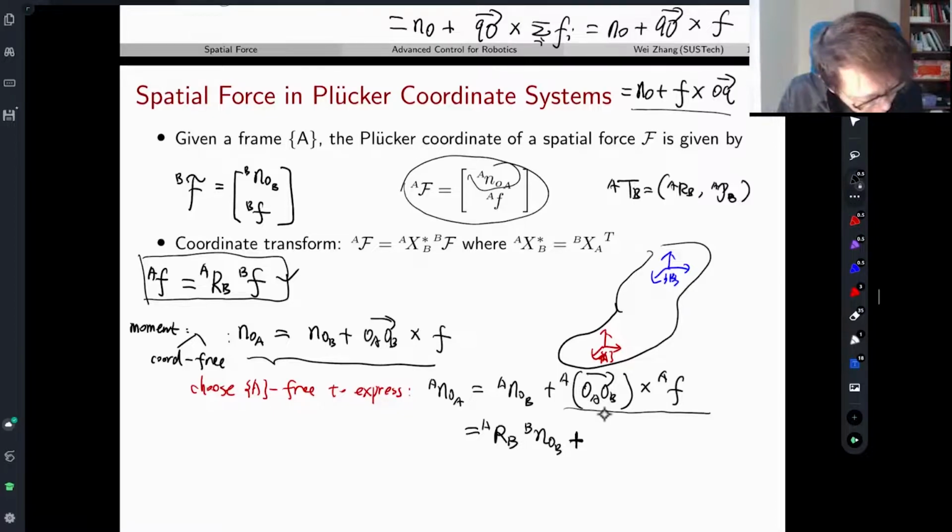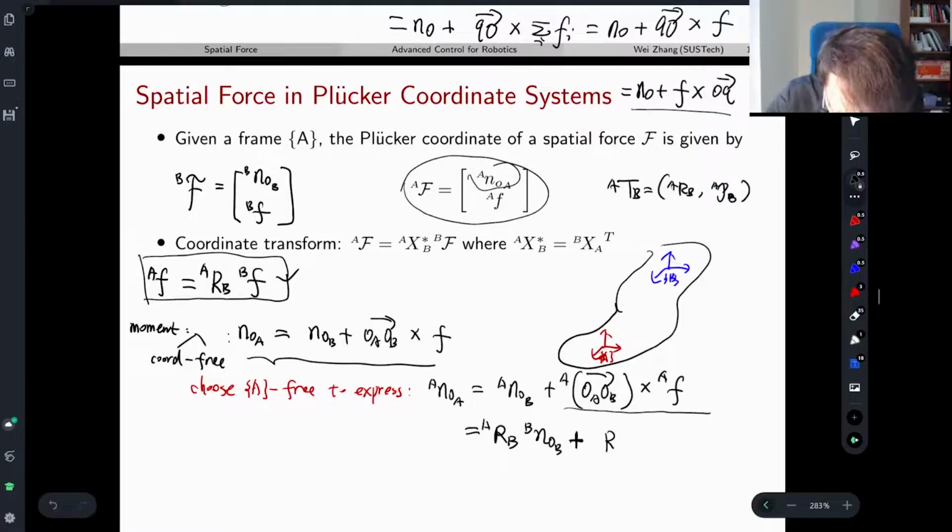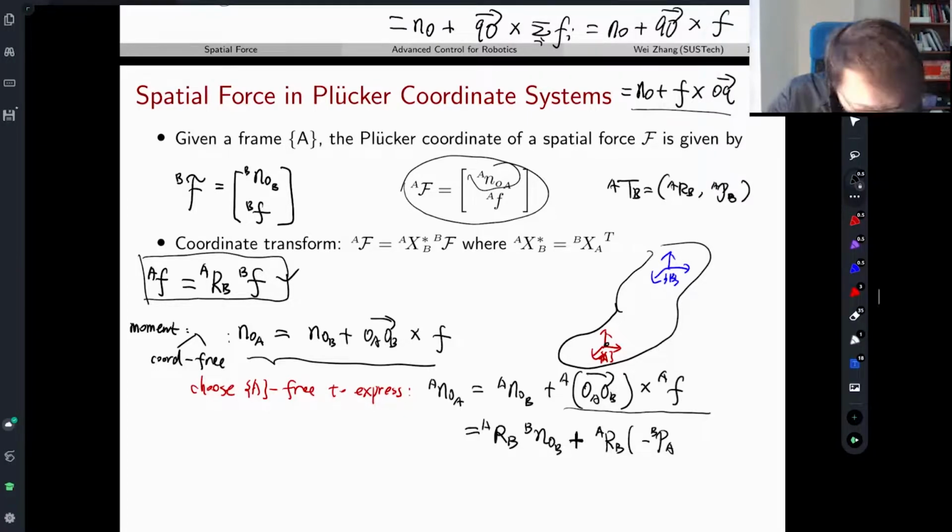This one is negative P_A in A, so let me skip one tiny step. This is R_BA times negative P_AB, the point A in B, that vector, in B, and R_BA, and the cross F_B.